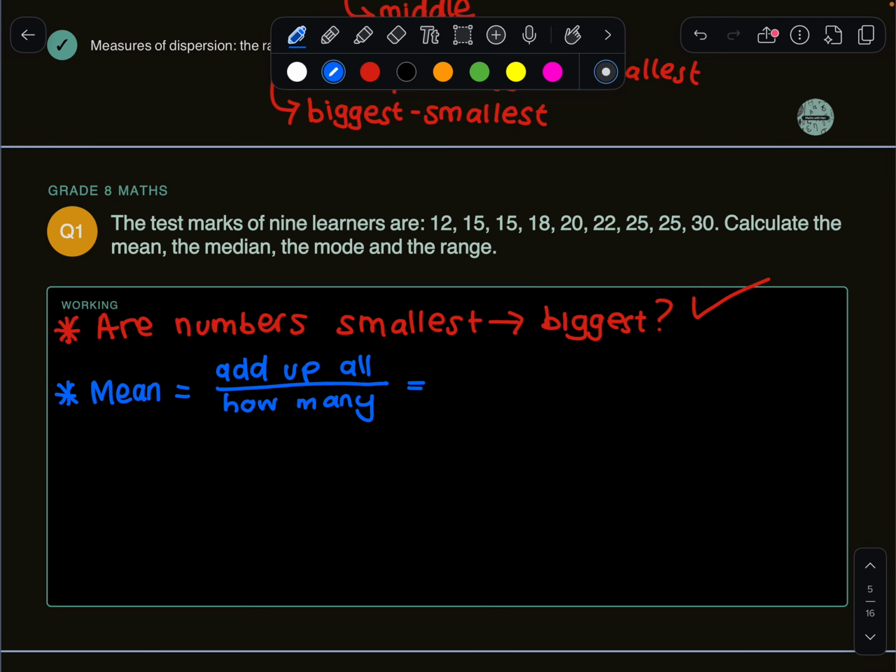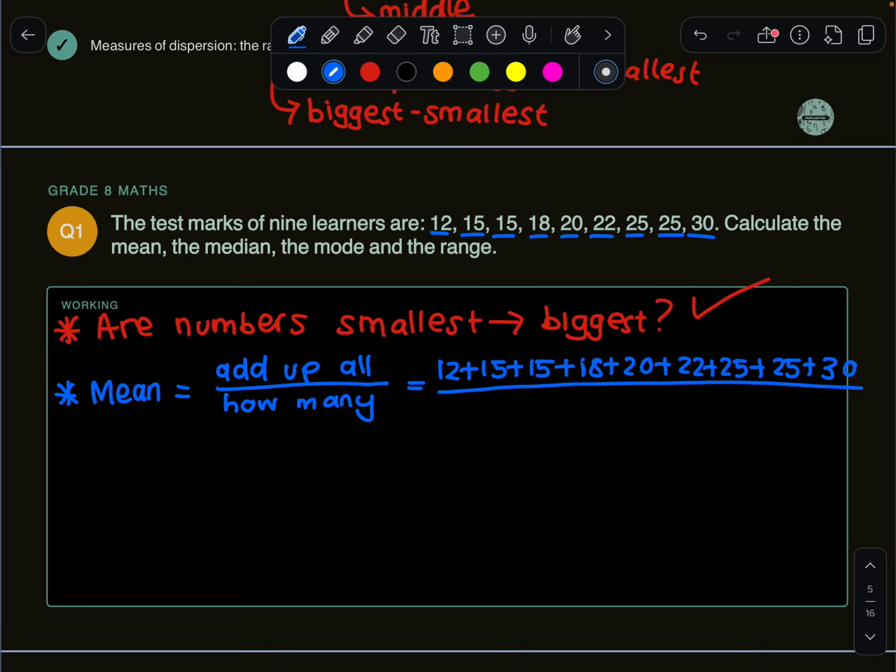So here we are going to literally add up 12, 15, 15, 18, 20, 22, 25, 25, and 30. And we are going to divide it by how many numbers there are, which is 1, 2, 3, 4, 5, 6, 7, 8, 9, which they told us there are 9 learners. So divided by 9.